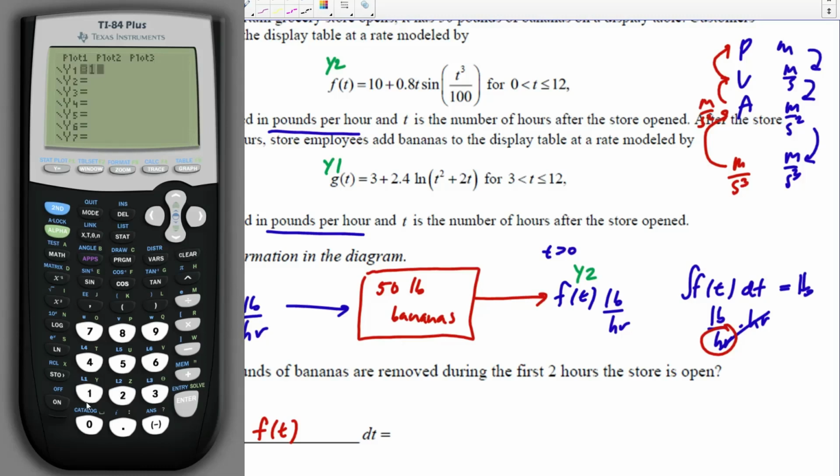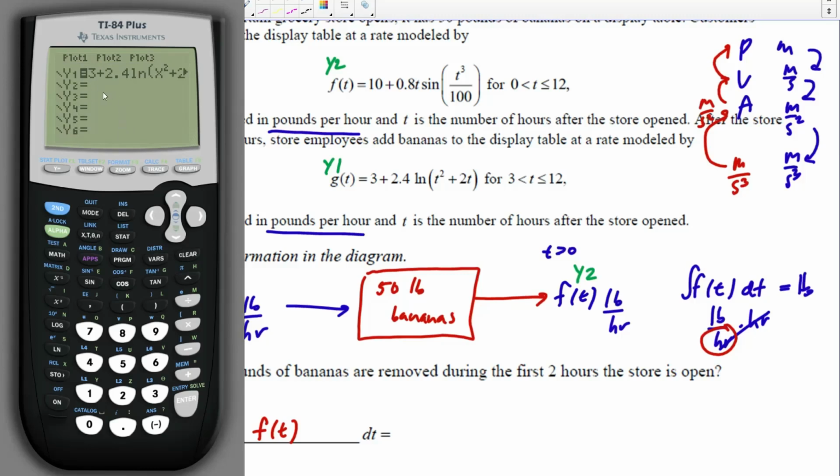And so y1 is going to be 3 plus 2.4 ln of x squared plus 2t. I know there are t's there, but my calculator just thinks it's some variable, so I can use x's.